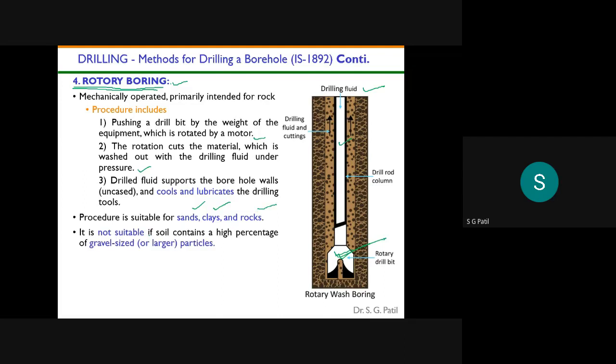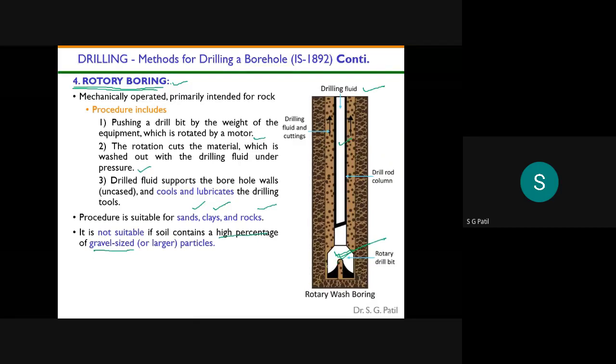The procedure is suitable for sands, clays, and rocks. It is not suitable if the soil contains a high percentage of gravel-sized particles. Why? Because once this drill bit is rotating, the gravels that are there also start rotating along with this drill bit.